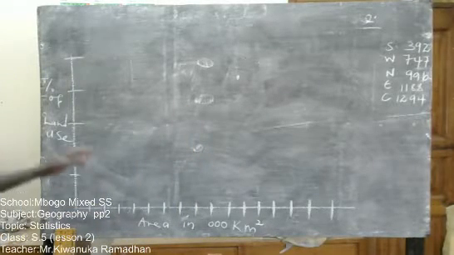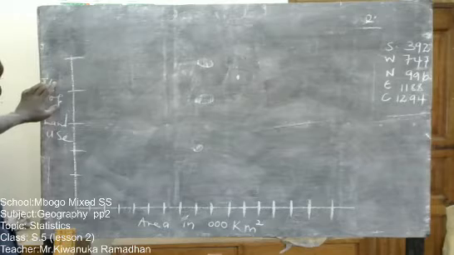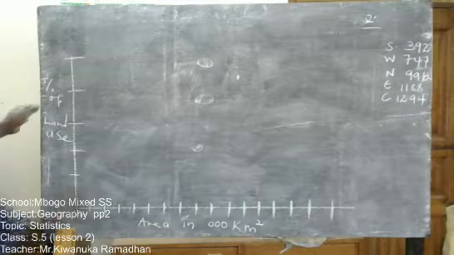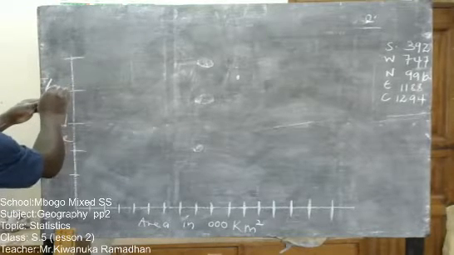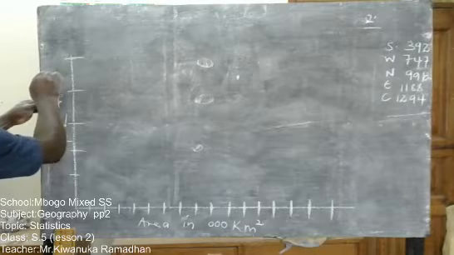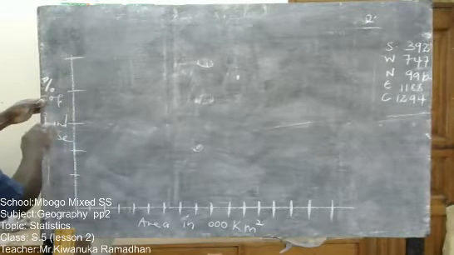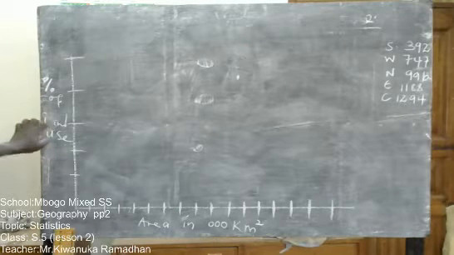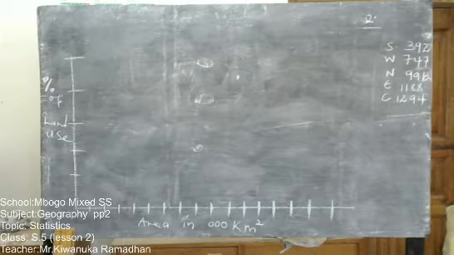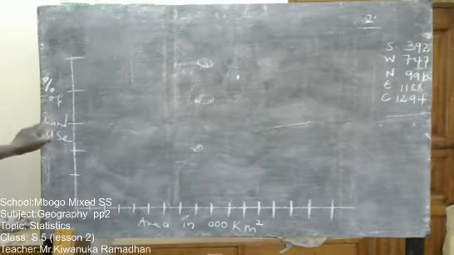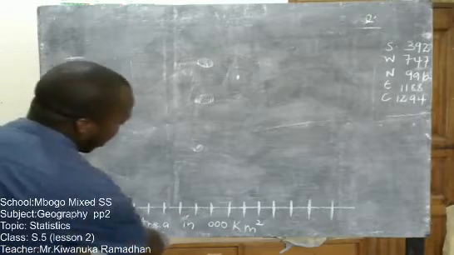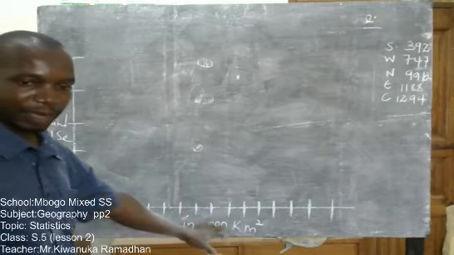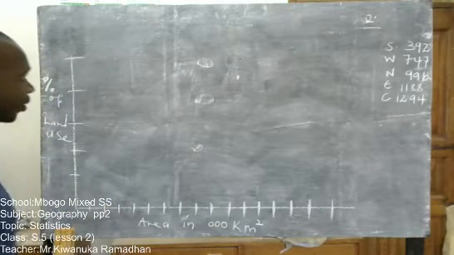We have labeled vertically percentage. I have not written the word percentage, but I have used the percentage sign. Percentage of land use. You label percentage of land use. Then horizontally, area in 1,000 square kilometers.